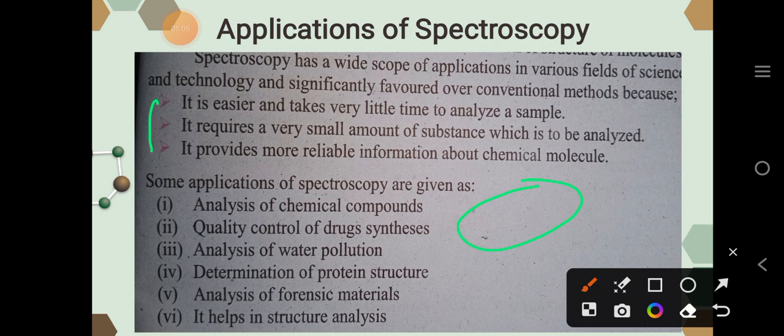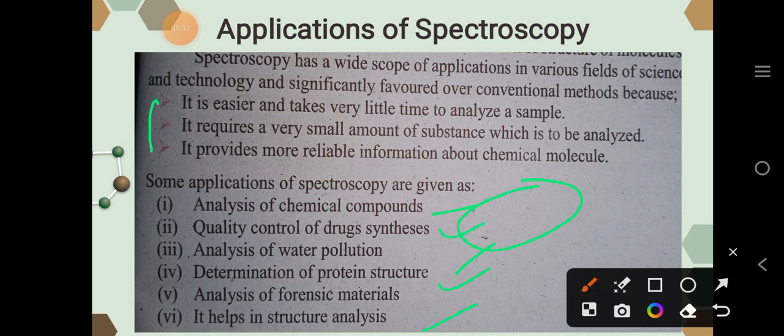Some other applications of spectroscopy: it analyzes compounds, analysis of water pollution, determination of protein structure, and analysis of forensic material. It helps in structural analysis. For suppose we have a chemical compound in the laboratory and we need to identify it, we can use this technique.